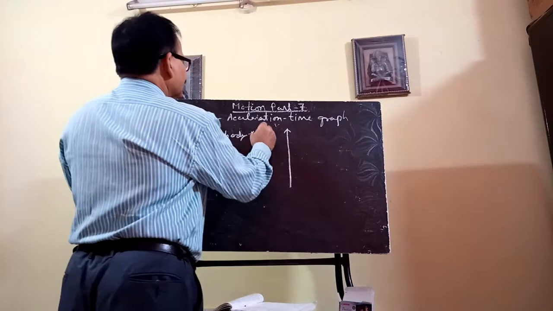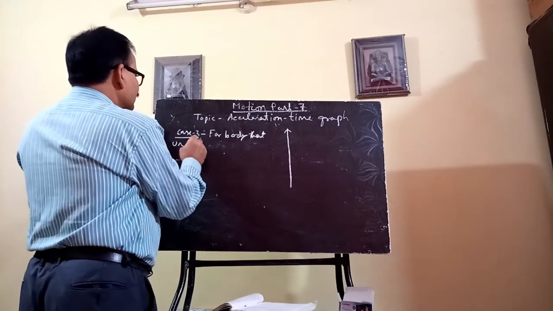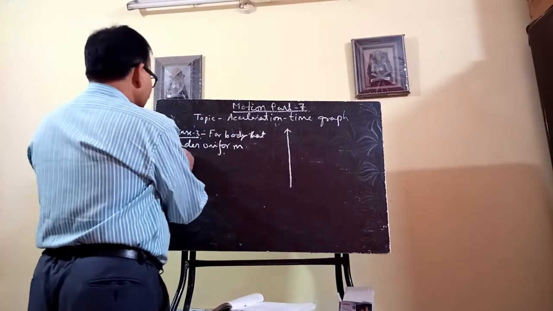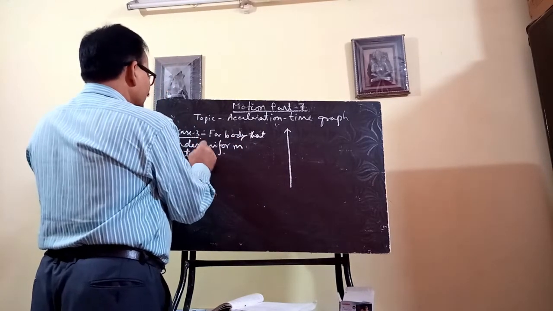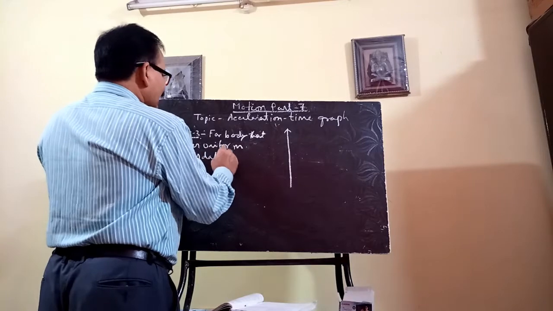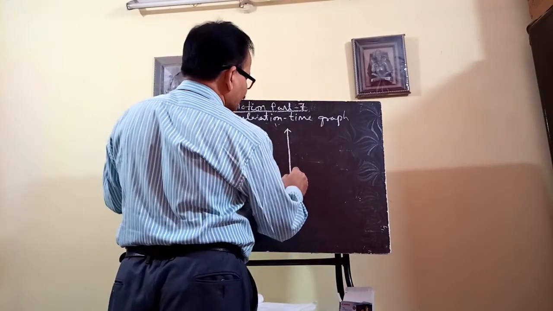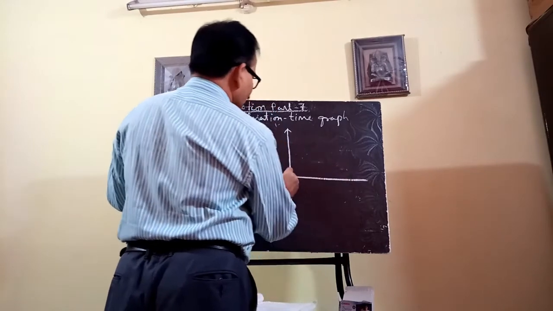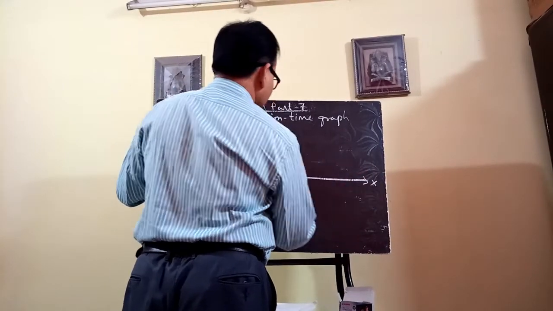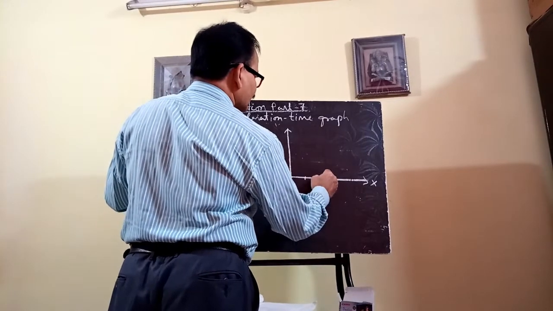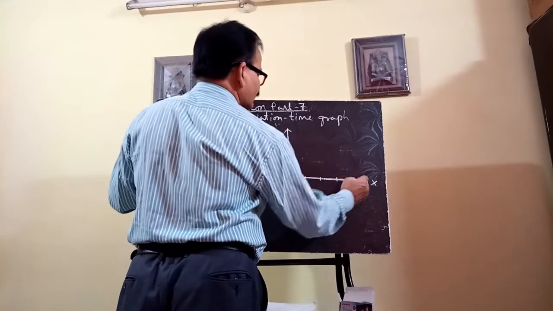that undergoes uniform retardation. In that case, what will happen? The acceleration time graph, suppose this is your x-axis, this is your origin, this is your time, 1 second, 2 second, 3 second and 4 second.